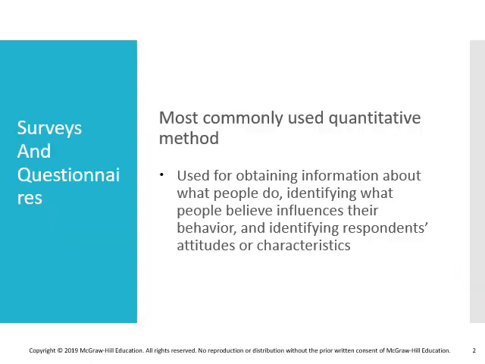Firstly, surveys or questionnaires are the most commonly used quantitative method. It's relatively easy to do and administer, as you would have seen from the textbook, or you might already have experience participating in some form of survey.